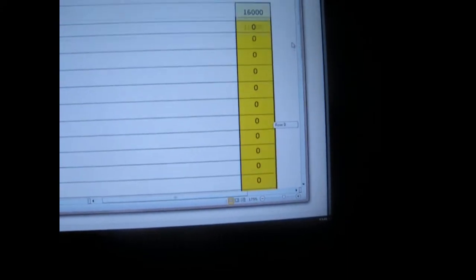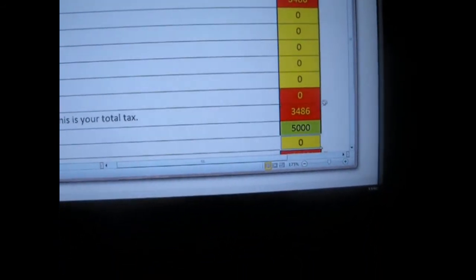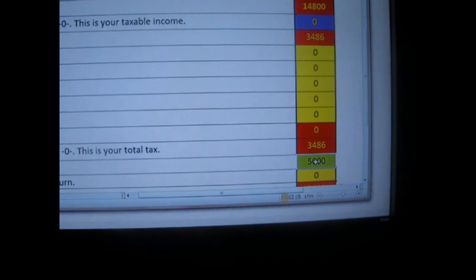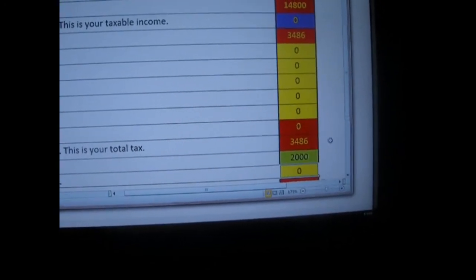So let's see what we have up here. We have 16,000 for the year. Let's just assume that this is a senior citizen. And we're going to say the person probably had about 2,000 taken out of their check for taxes.